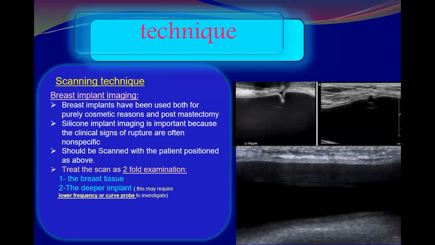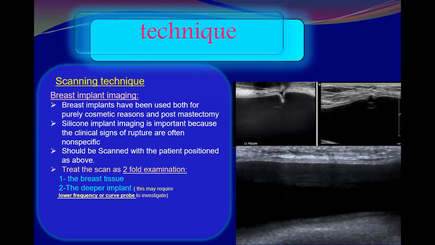So regarding the implant, what is the scanning technique for the implant? It is more or less the same. We have to optimize patient position the same as for the breast examination, and optimize the machine.